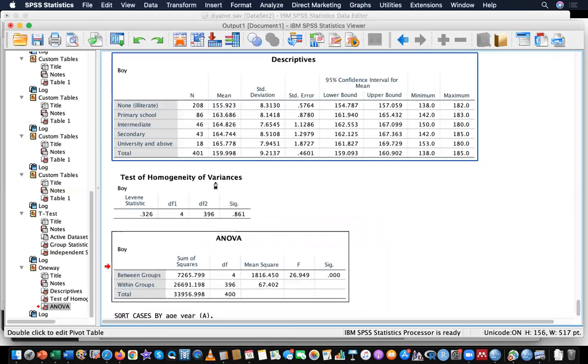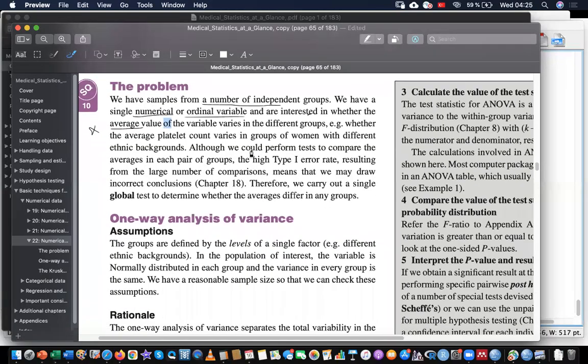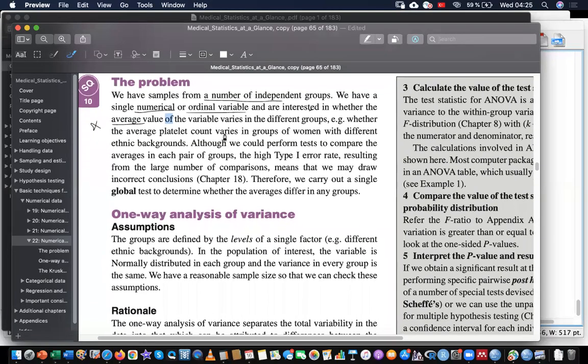So, let's go back to the book. You check for the mean difference between more than two groups, and there are of course the assumptions, and there are always almost similar assumptions for the parametric tests.